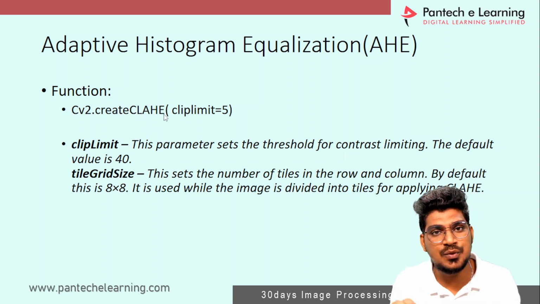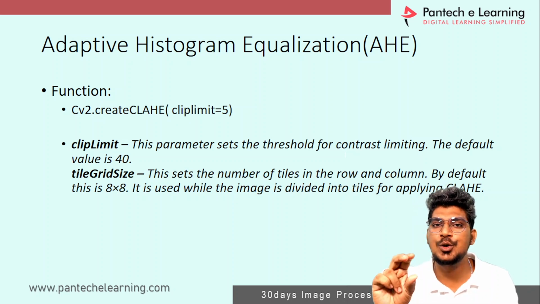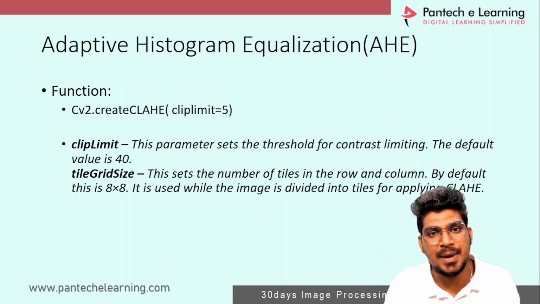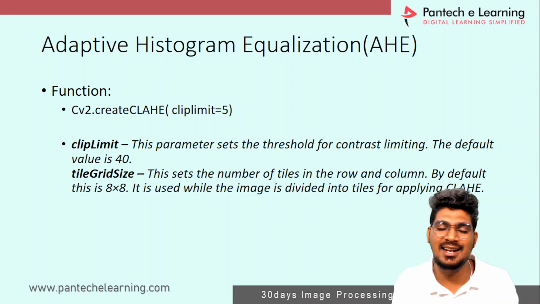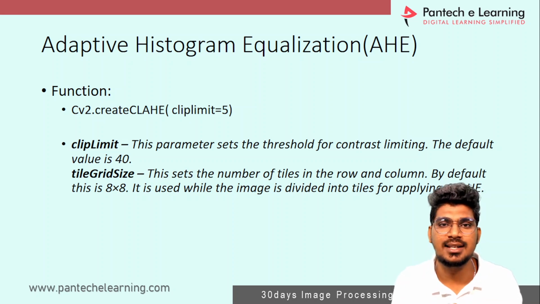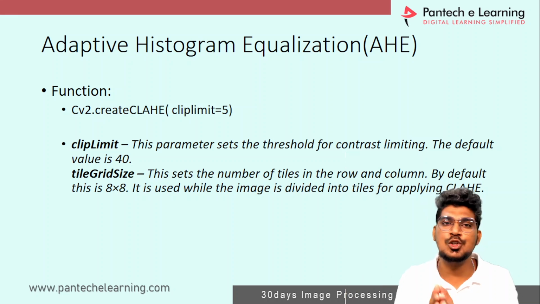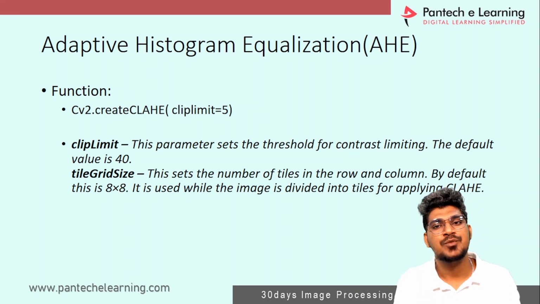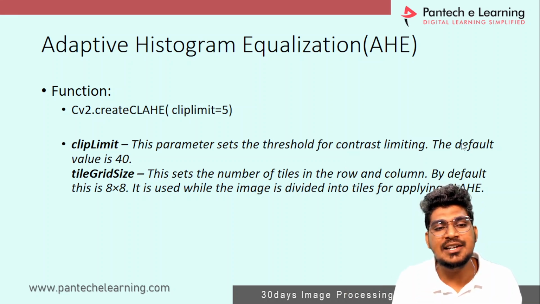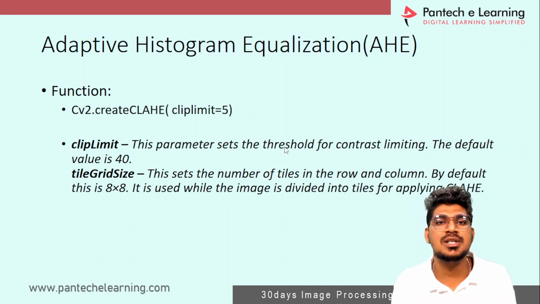It will be helpful for small regions, small images, that means tiles. So it will make the contrast on those small images also. The default value is 40, but we normally use 5. You can use the default values also.